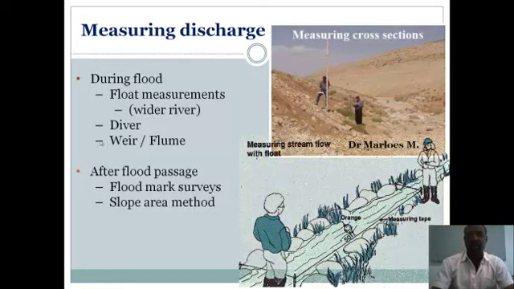These are how we could measure if there is flood. Even if there is no flood, it is also possible to measure, for example after a flood, using flood mark surveys, just by following where the flood left marks. We can still use that as input for our discharge measurement.